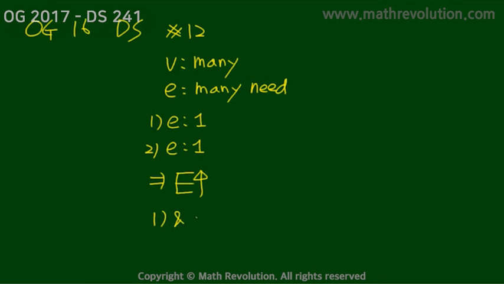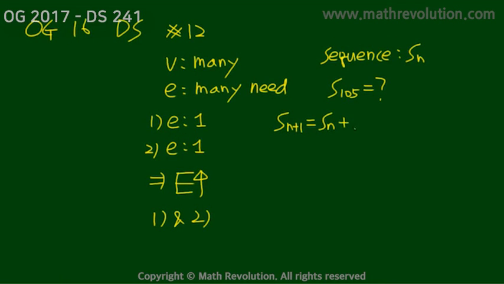So using the condition 1 and 2 at the same time, if we write the sequence as Sn, the question is, what is S105? According to the condition, Sn plus 1 equals Sn plus 10.